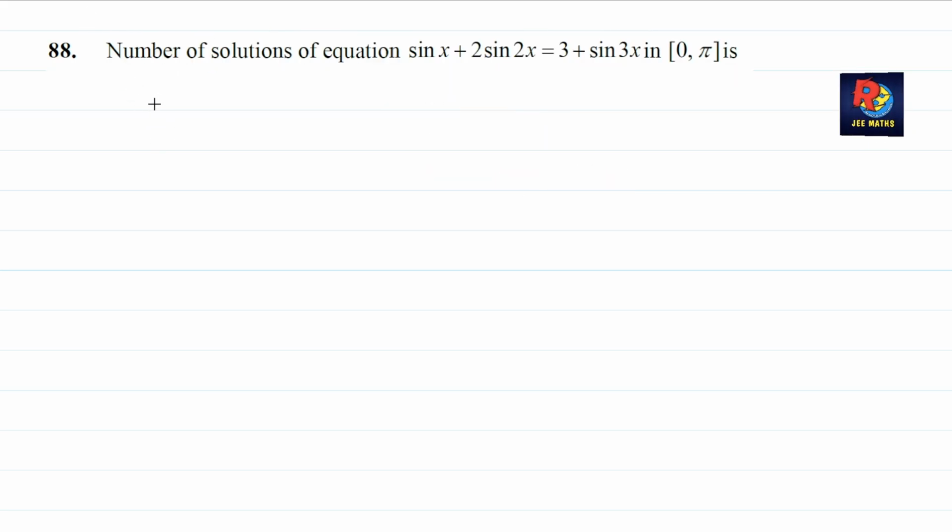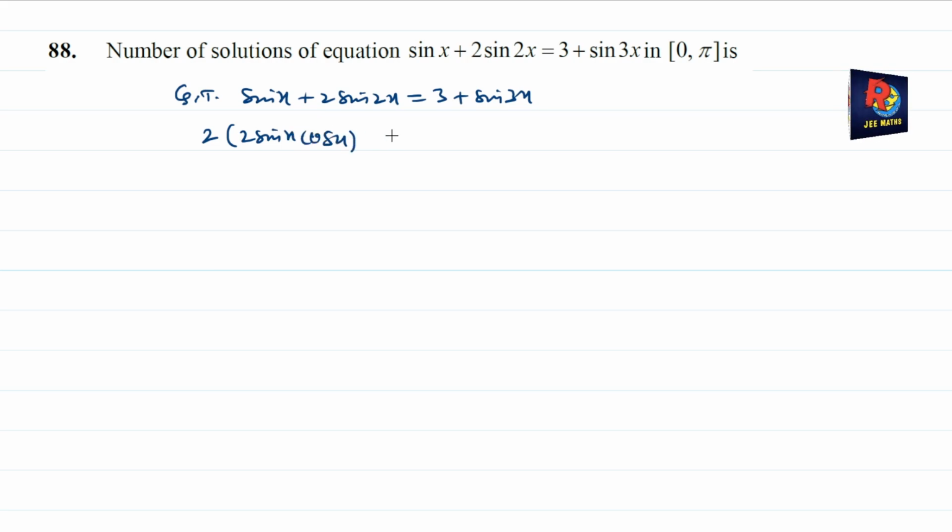Here the question is, given that sin x plus 2 sin 2x is equal to 3 plus sin 3x. So 2 into 2 sin x cos x using the sin 2x formula, and 3 plus sin 3x minus sin x.